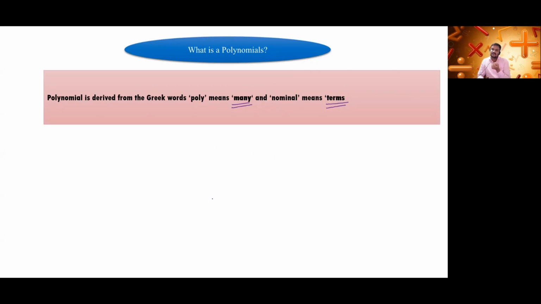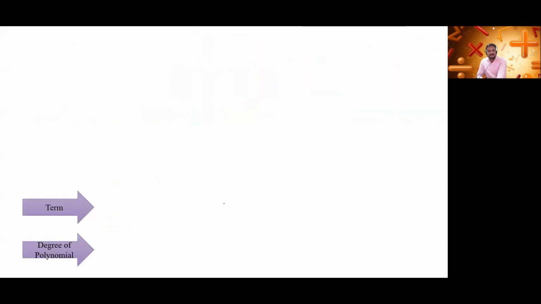Is it clear to you? I'm just discussing the meaning of that word. The definition is still remaining. So polynomial is nothing but an equation having many terms. Let's move on to the next thing.